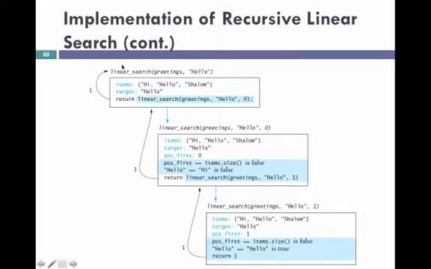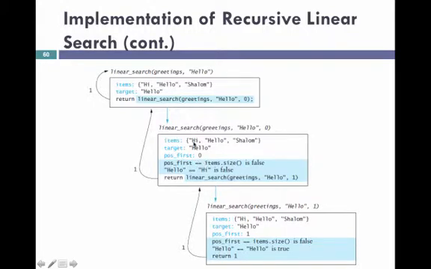So here's a trace. If we call linear search on greetings, an array, and we're looking for hello. If this is our array and our target is hello, we'll call our linear search with 3 parameters, where we'll start at location 0. If we make that recursive call, we have greetings looking for hello at position 0. We will compare, and we won't have the base case.